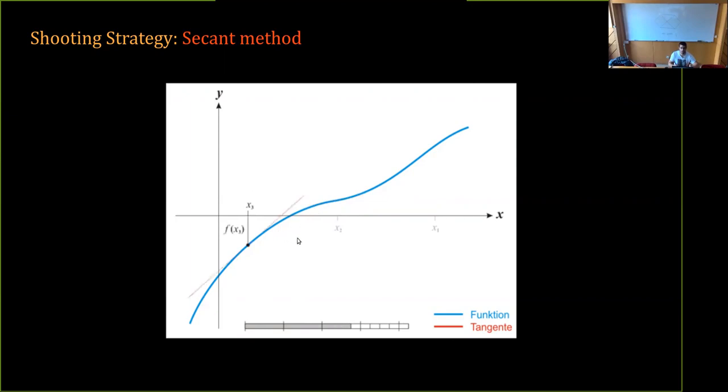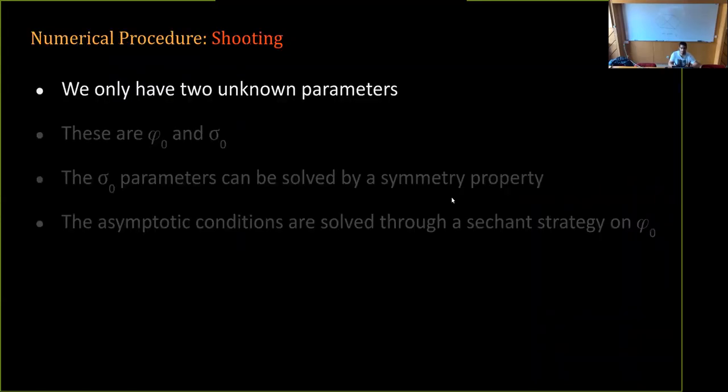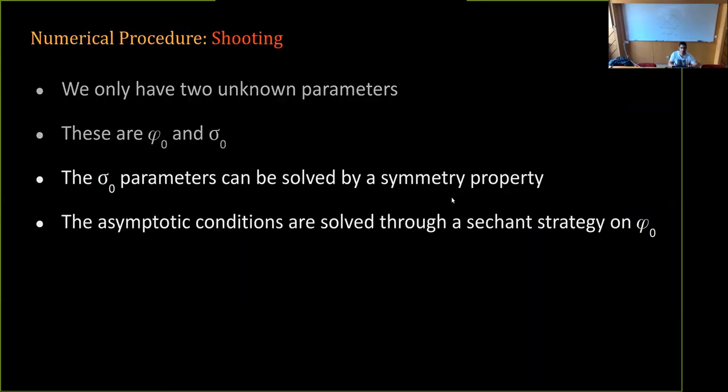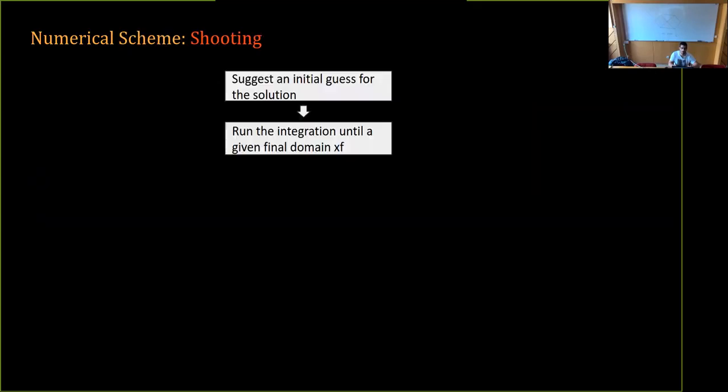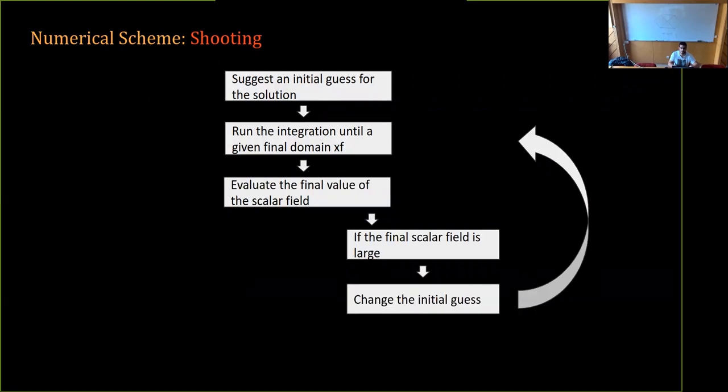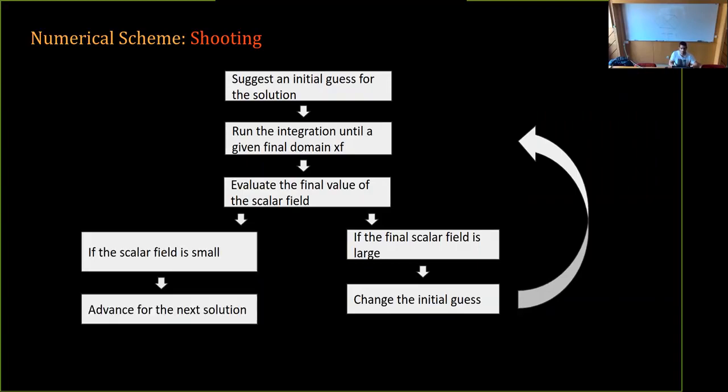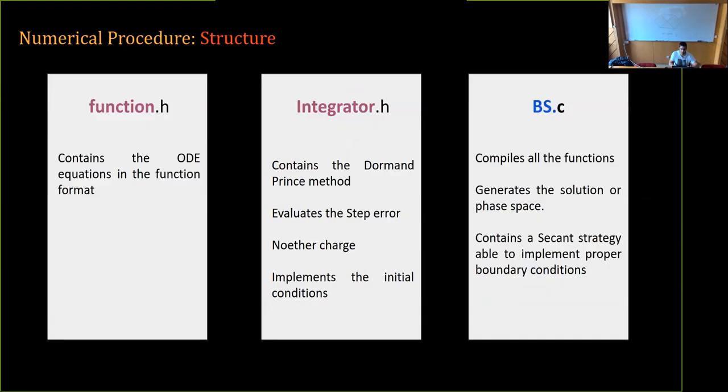This is the second method because you draw constant secants to the curve whose root you want to obtain. Okay? So we saw all of this. We saw that we have a symmetry property for sigma 0. For the shooting, we have to redo everything if we don't have enough accuracy, or if we are not close enough to what we want. Else, we advance to the next solution.